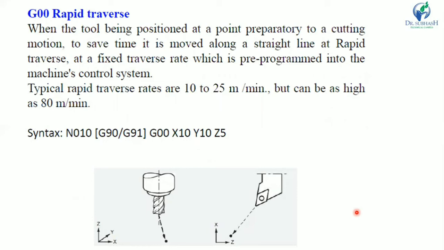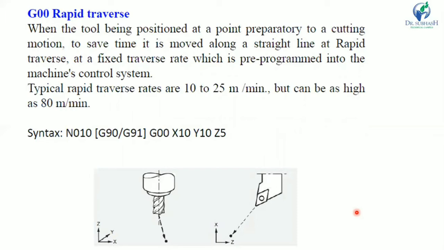When the tool is being positioned at a point preparatory to a cutting motion, to save time, it moves along a straight line at rapid traverse at a fixed traverse rate, which is pre-programmed into the machine's control system. Typical rapid traverse rates are 10 to 25 meters per minute, but can be as high as 80 meters per minute.